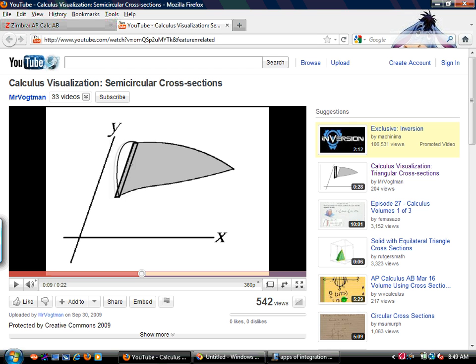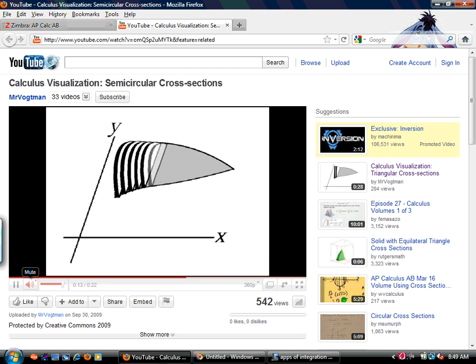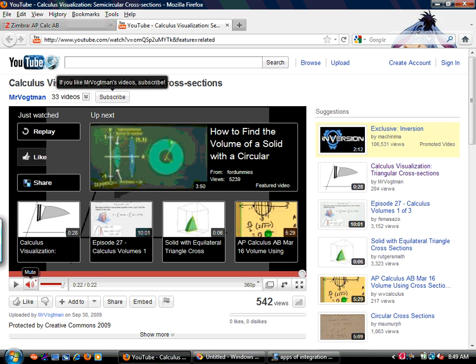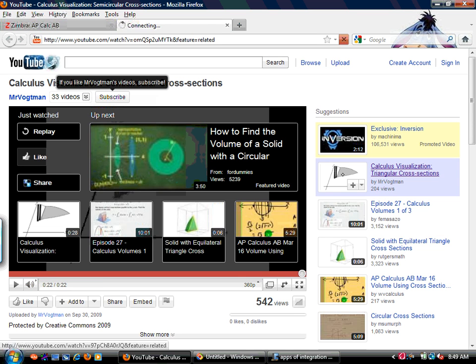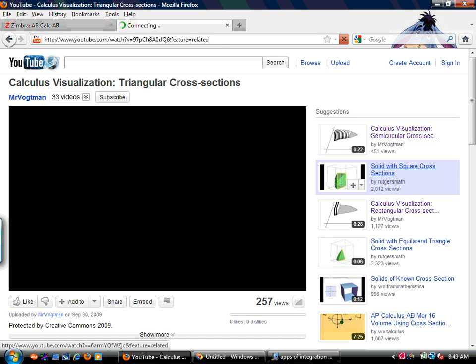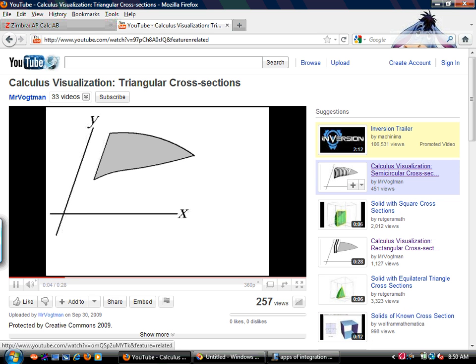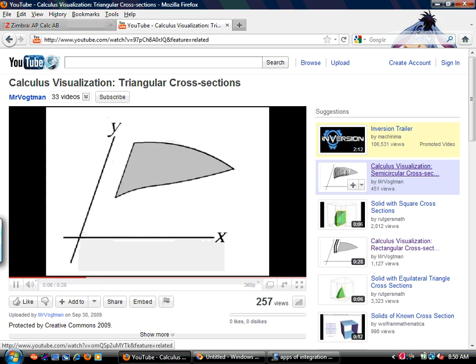Okay, but notice. Maybe we'll let it run for a little bit more. So this is using semicircles. And it creates a curved shape, and you can find its volume. You can change it to triangles and do the same thing. I'll tell you what shape I want you to use. Just watch.